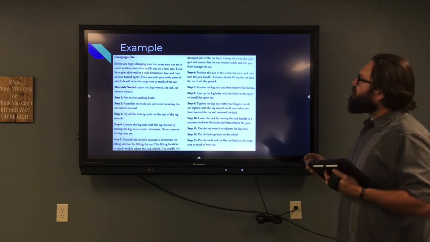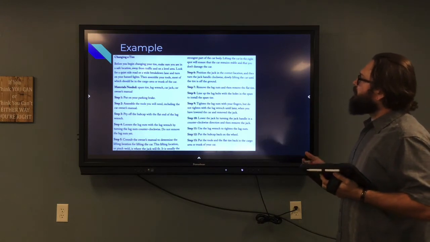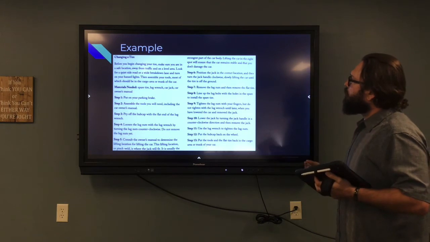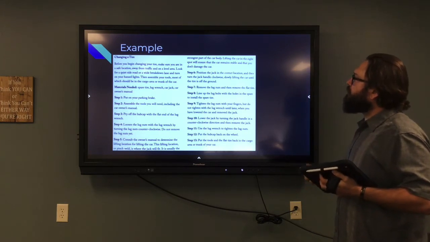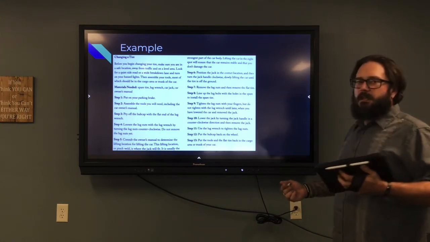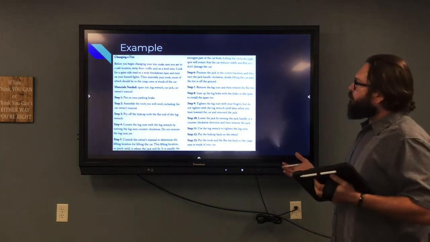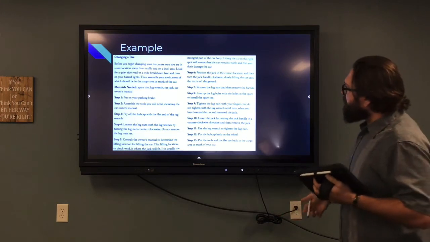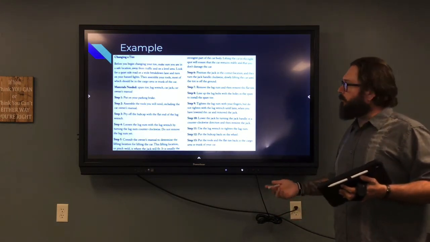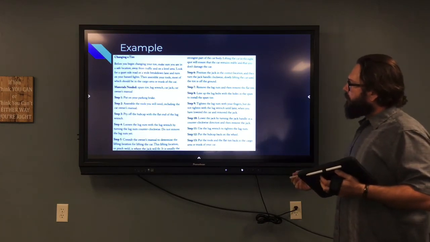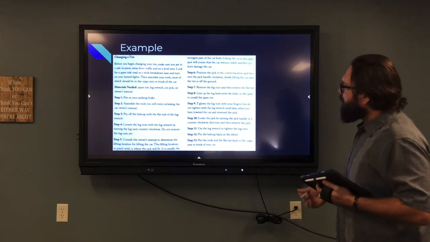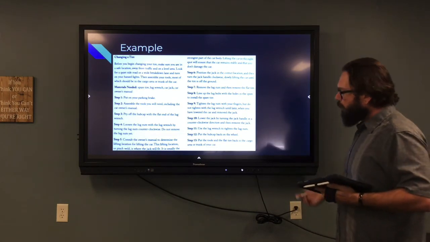Look for a quiet side road or a wide breakdown lane and turn on your hazard lights. Then assemble your tools, most of which should be in the cargo area or trunk of the car. Then it tells us what materials we need, such as spare tire, lug wrench, car jack, and the car owner's manual. And then finally, it goes into the steps for how to change the tire, beginning with putting on your parking brake.